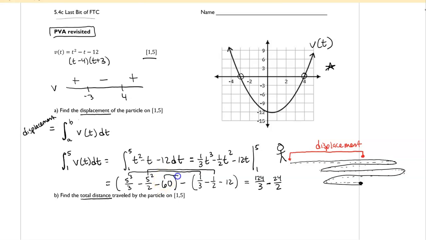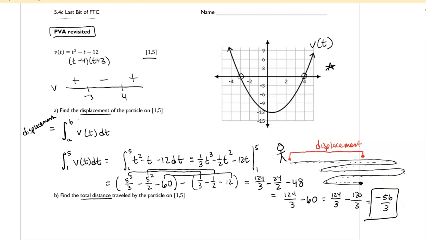And then finally we have negative 60 minus negative, so plus 12, that's minus 48. Which is, again, I apologize for running out of space here, 124 thirds minus 60, which is 124 over 3 minus 180 over 3, which is negative 56 thirds.